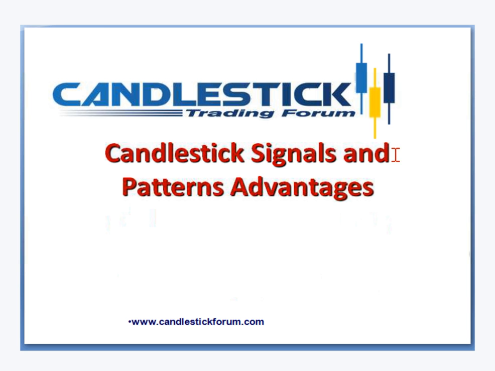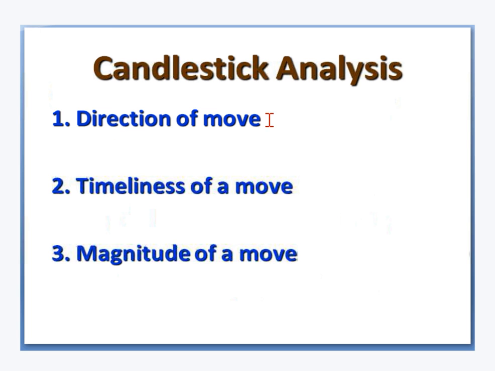The major advantage that we have with candlestick signals and patterns is it gives us the direction of the move. It also, very importantly, gives us the timeliness of the move. And a lot of times we can speculate or anticipate the magnitude of the move.